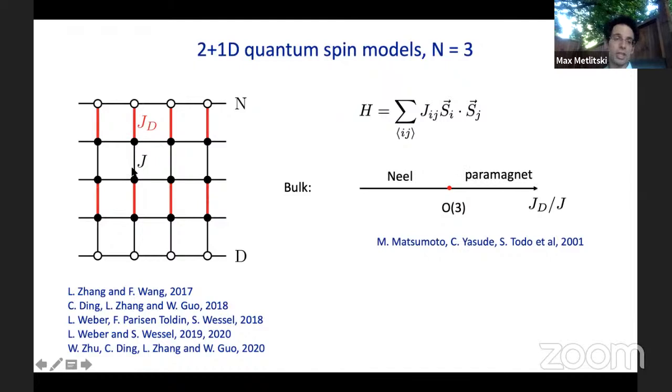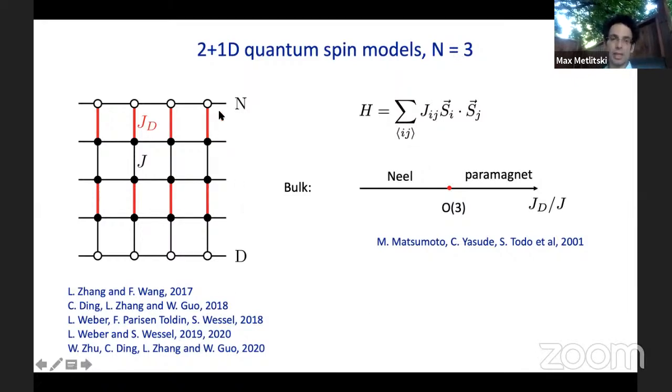On the other hand, when JD is equal to J, we have a square lattice antiferromagnet that realizes the Néel phase. So there has to be a phase transition as a function of this parameter, and in fact, numerical simulations have verified that this bulk phase transition is continuous and is in the classical 3D O(3) universality class. So nothing exotic about that. The same universality class we've been talking about all along, but with n equal to 3.